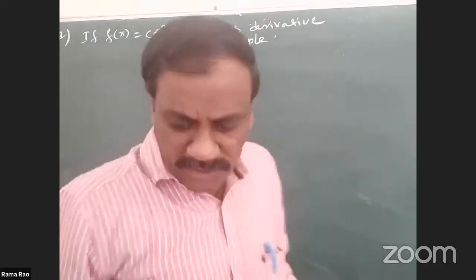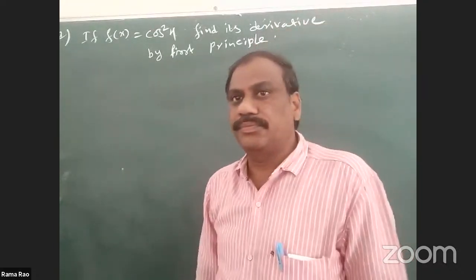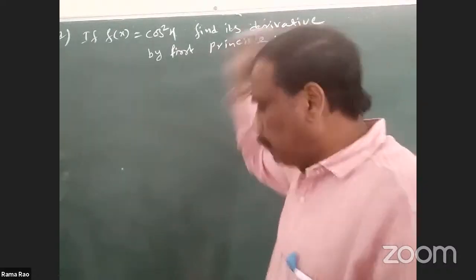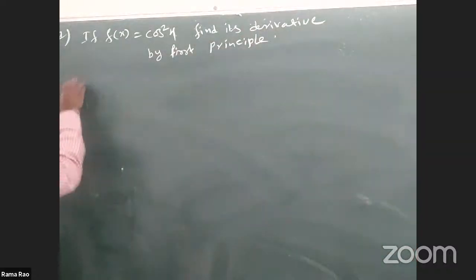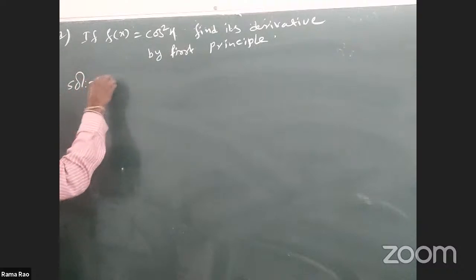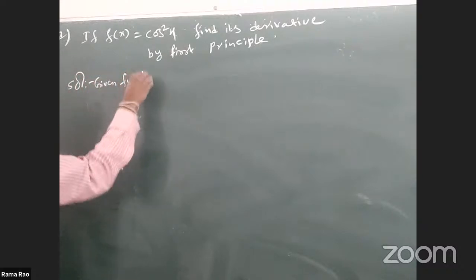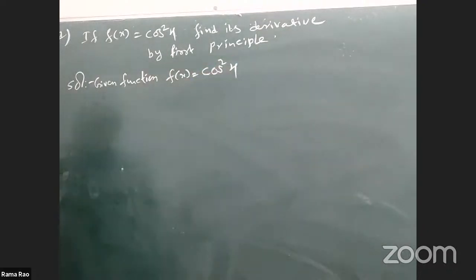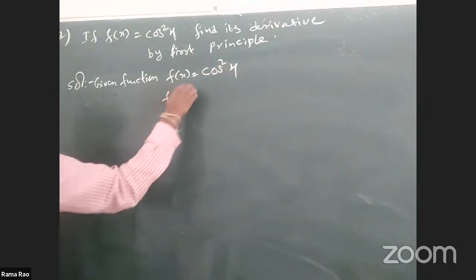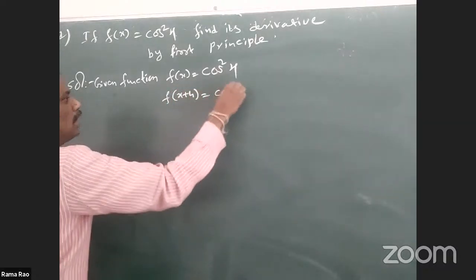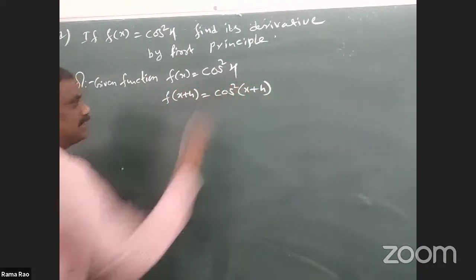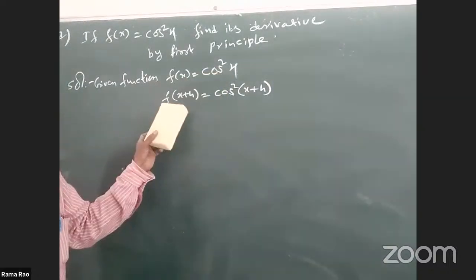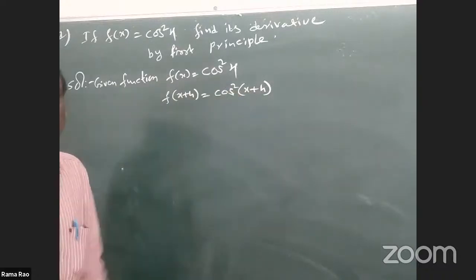The given function is cos square x. Find its derivative by first principle. Solution. Given function f of x is equal to cos square x. F of x plus h is equal to cos square of x plus h.